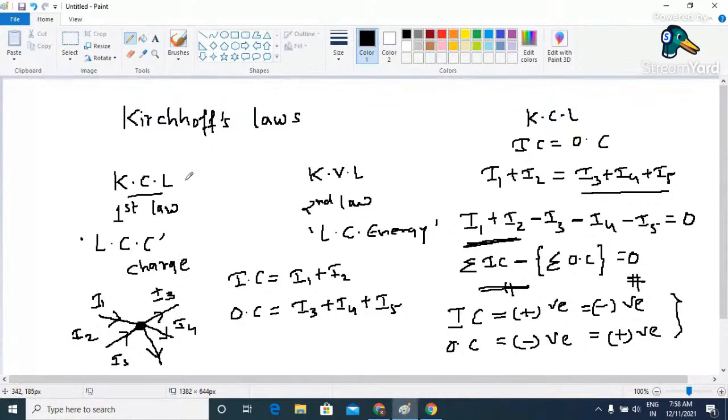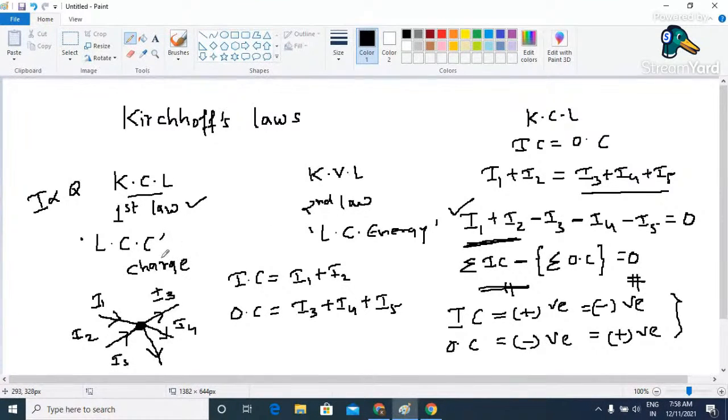Kirchhoff's current law is also known as the first law of Kirchhoff for circuit theory analysis. Sometimes it is also called the law of conservation of charge, because we know that current is proportional to charge, and here we are writing the mathematical equation in terms of current. So I can easily make a correlation between current and charge.